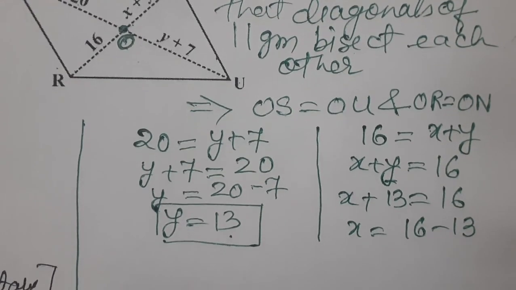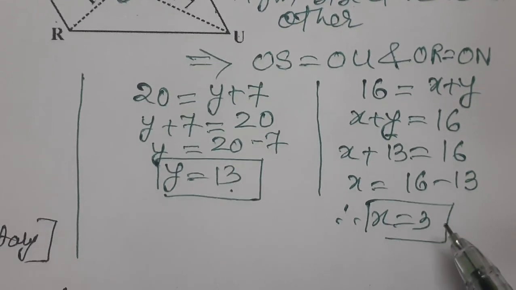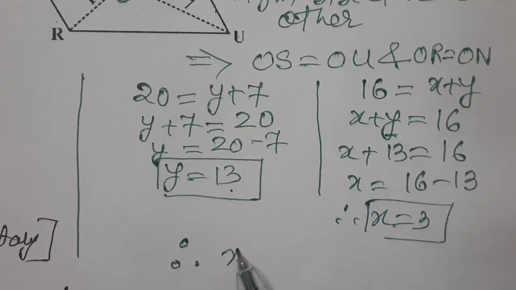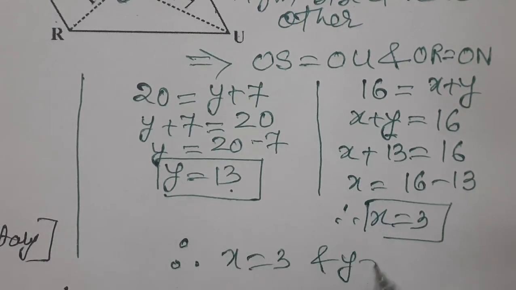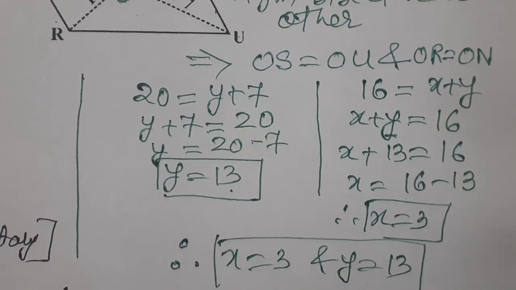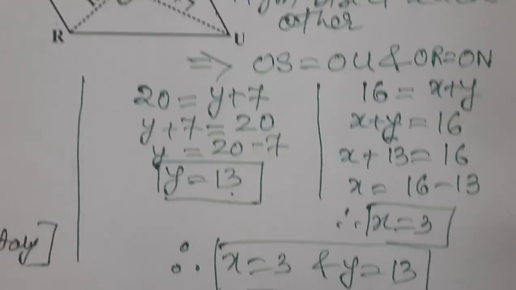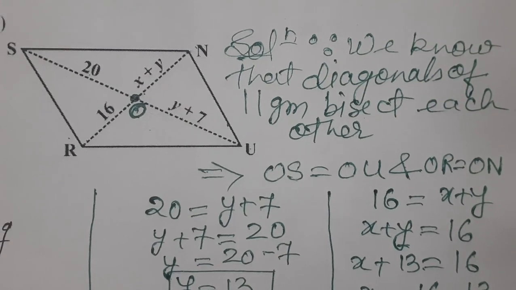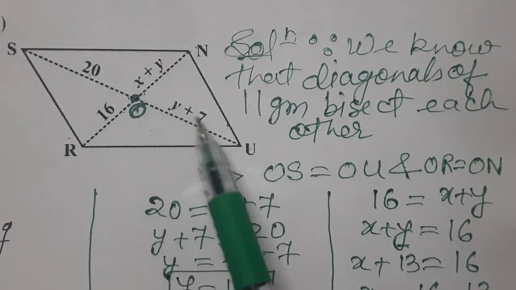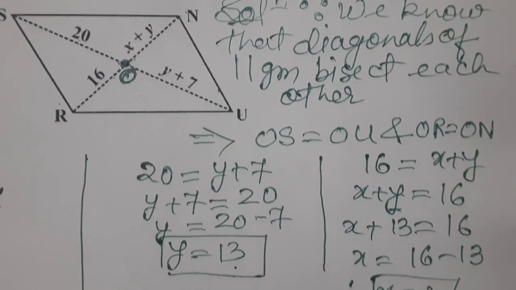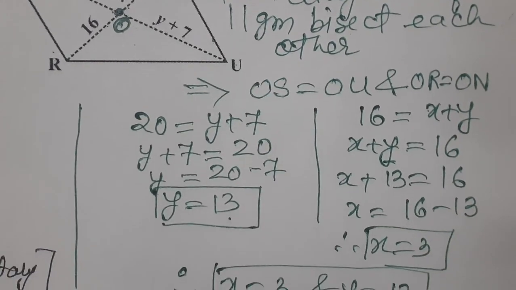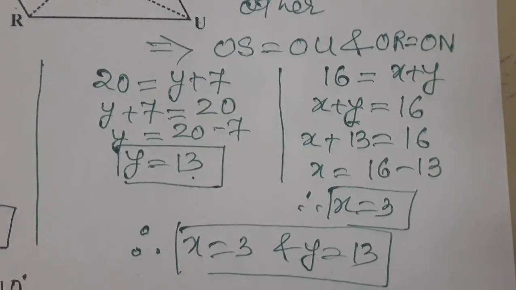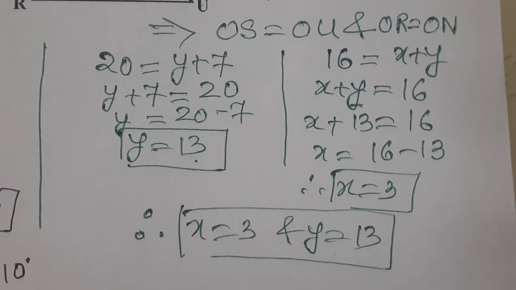What is 16 minus 13? 3. Therefore x equals 3. So we got both the values. We need to find x and y. Therefore x is 3 and y is 13. Clear, children? This question is based on diagonals. In a parallelogram, diagonals bisect each other. So we got two equations and we have solved them. Understood? So now let's go to another question.